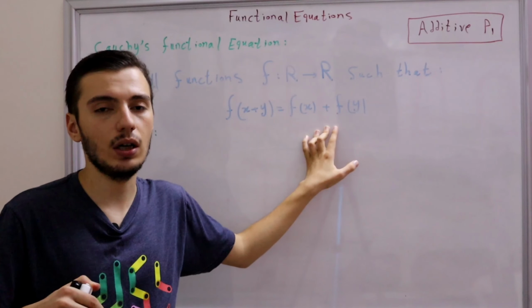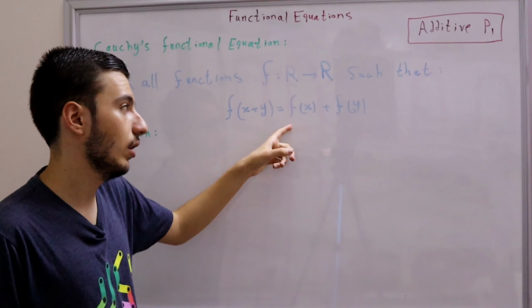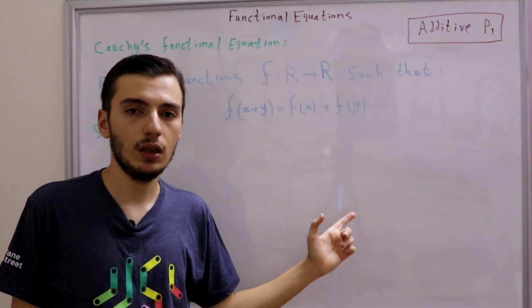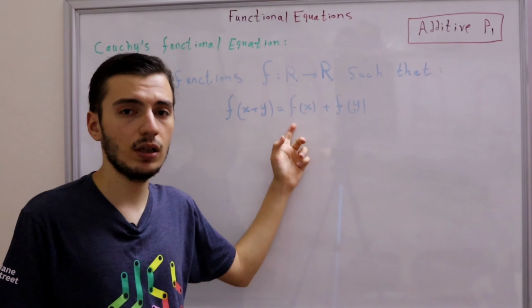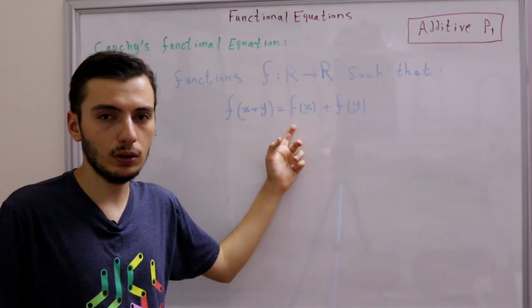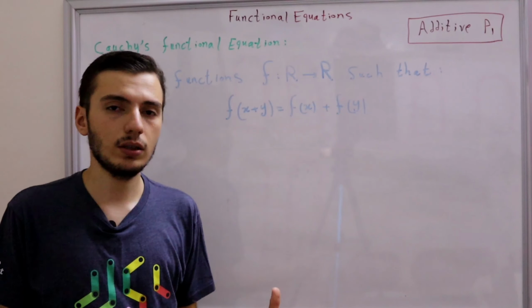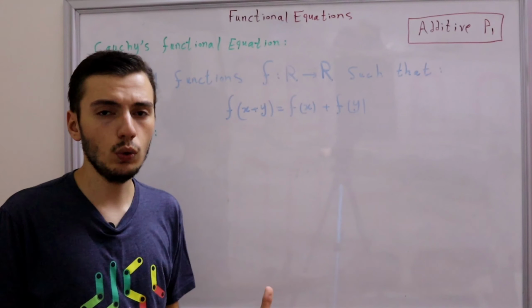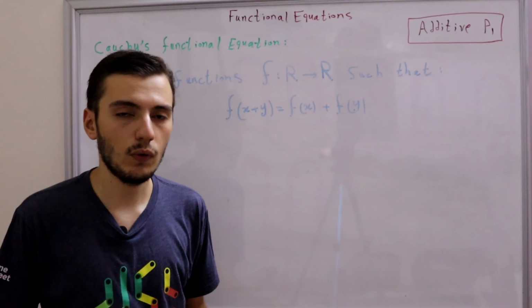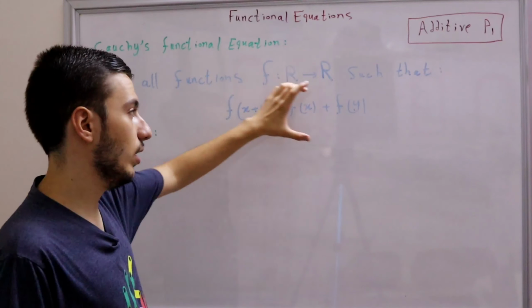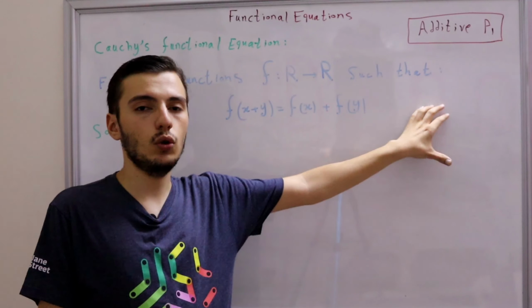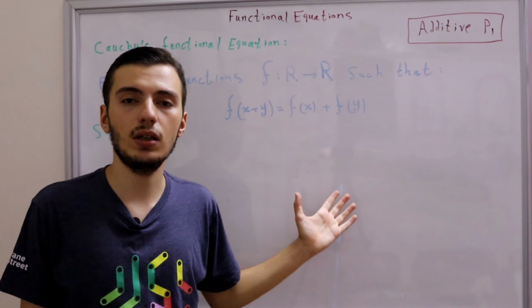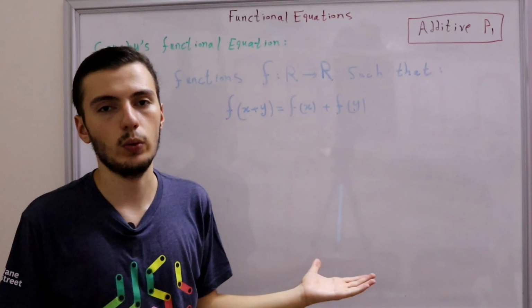You can actually generalize. So if you can show that f is increasing, then you can say that f of x equals c times x is the solution. And the second condition that you can show is f is continuous. So for example, if I tell you to solve this functional equation given that f is continuous, then you immediately say that f of x equals c times x for real numbers as well.